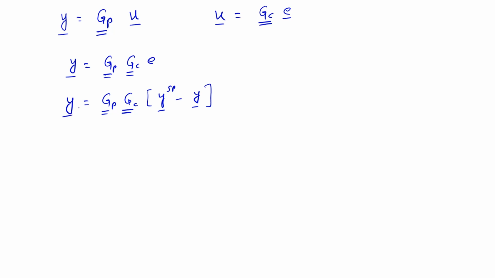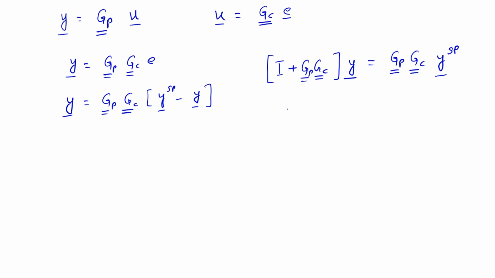If you take the y term to the left hand side, what you get is the identity matrix plus gp gc, the matrix, times y is equal to matrix gp gc times y set point.